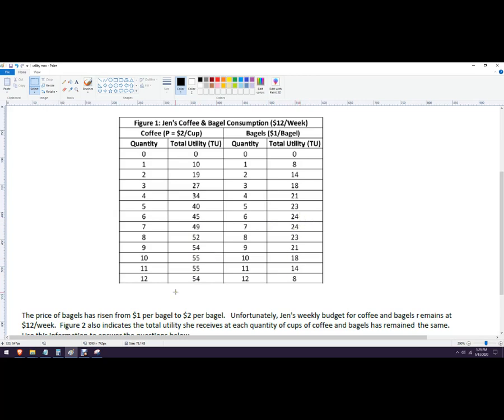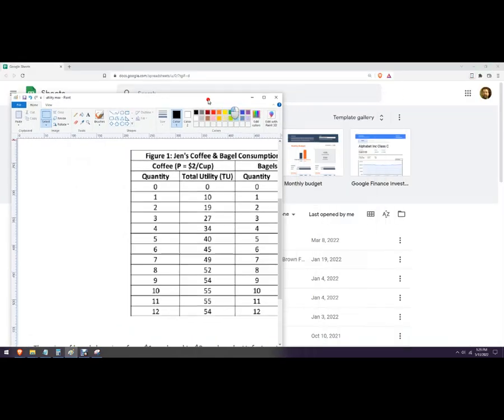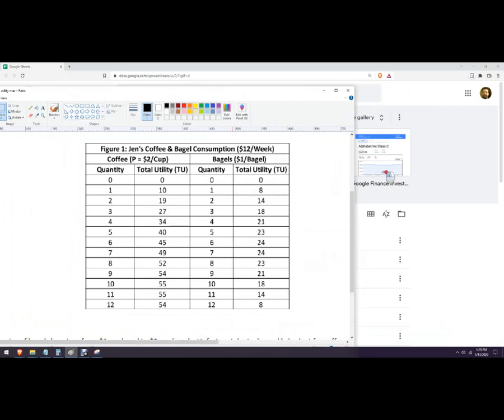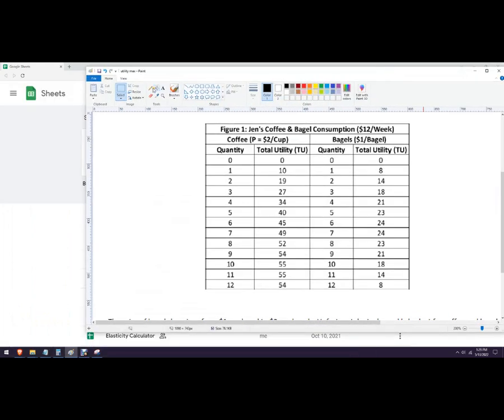So I'm going to use Google Sheets to figure this out. And the formula that I want to use, just as a reminder, is I want the marginal utility of the first product divided by the price of the first product to equal the marginal utility of the second product divided by the price of the second product, all conditional on the budget.